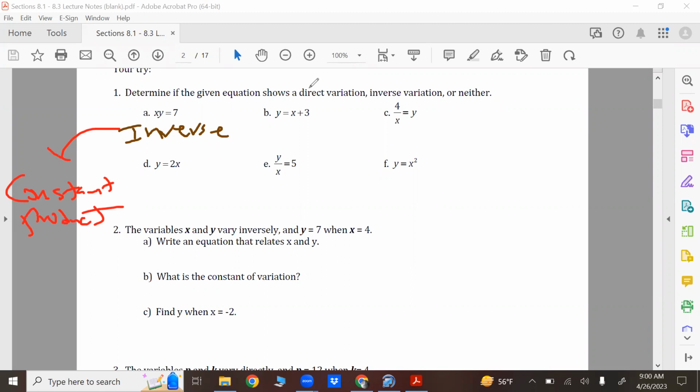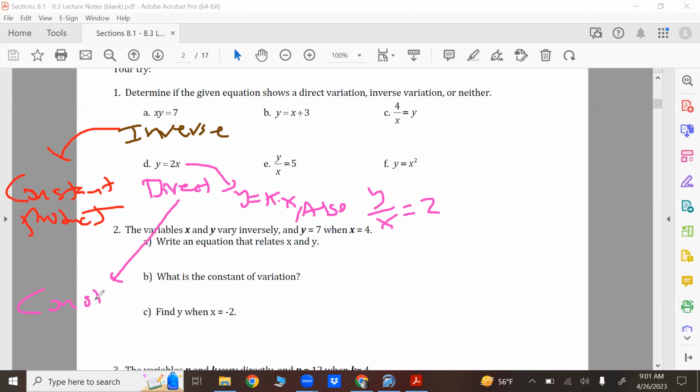Now, D, what do you guys think D is gonna be? Direct. That's direct. Because it follows the form y equals k times x. Also, y over x equals 2, right? That's always going to be a constant ratio.